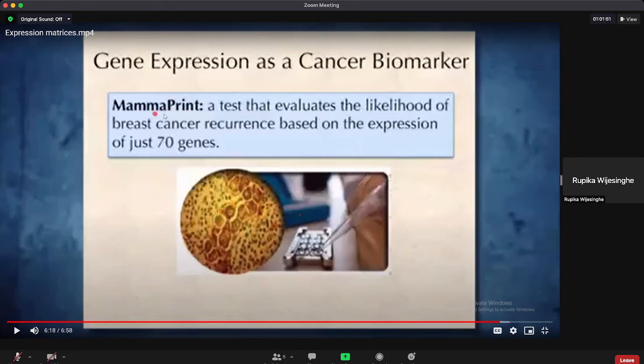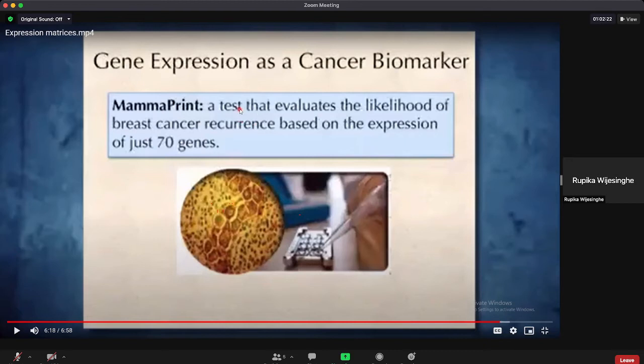This MammaPrint is a test that evaluates the likelihood of breast cancer recurrence. Breast cancer recurrence means the cancer appearing again. You remove the cancer cells, and sometimes after some time some cells will grow again, right?